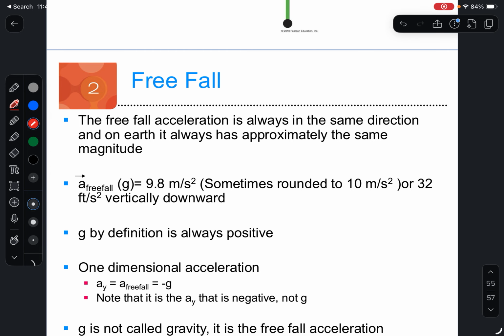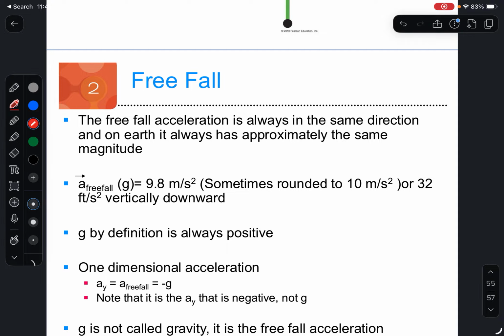That's a constant. A lot of times we'll round it to 10 meters per second squared. If you're in the English system, it's 32 feet per second squared, vertically downward. For the most part, when you're doing math problems, you're going to keep it at 9.8 meters per second squared, unless in the problem I tell you to use 10. Now, by definition, g is always positive.